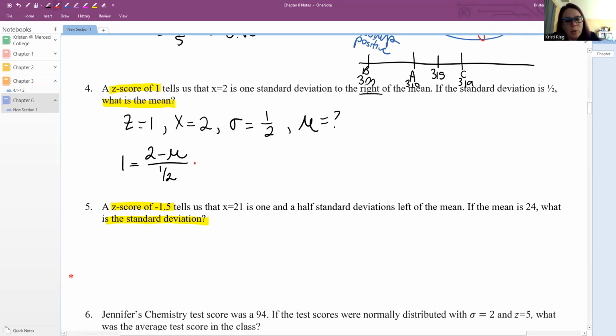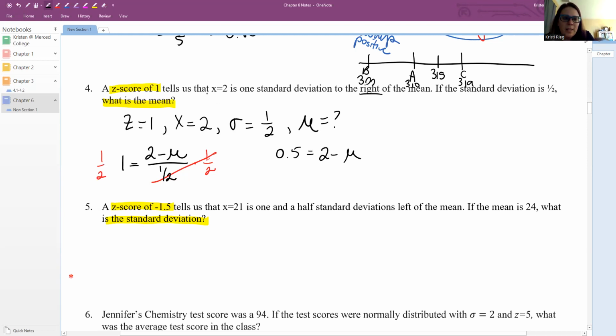All right, so we're going to multiply both sides by 1/2 because this problem is dividing by 1/2. So I want to undo that. I'm just going to use the decimal at this point because I want my answer as a decimal anyways. So I have 1/2 equals 2 minus mu.